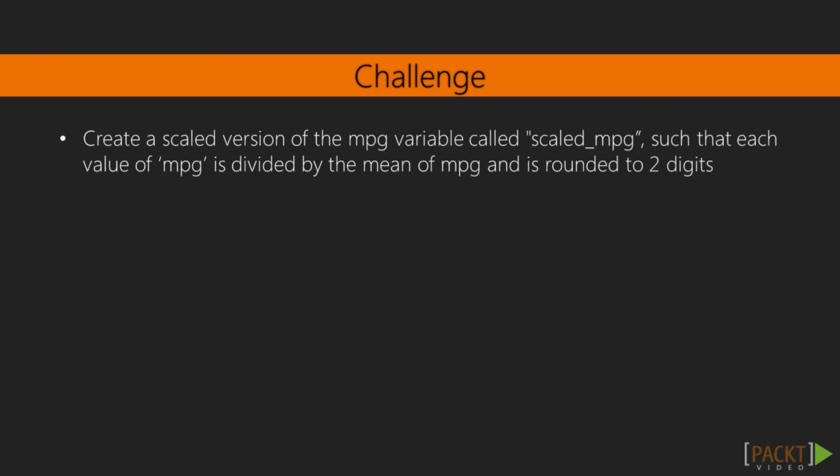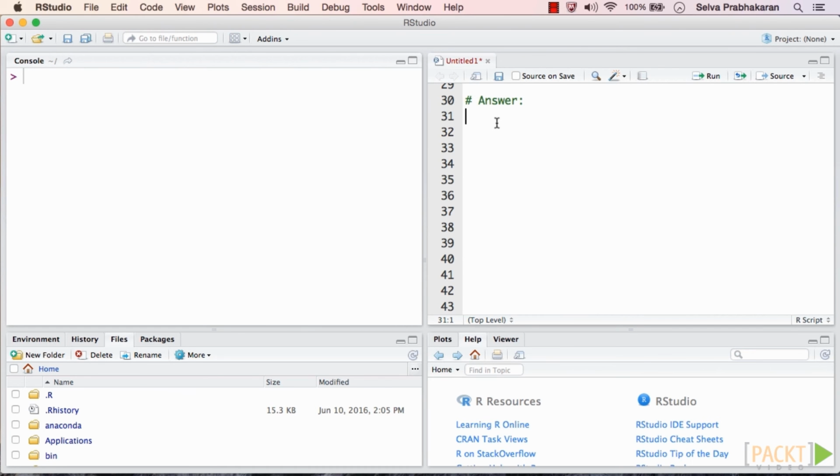The challenge for this video is to create a scaled version of the MPG variable called scaled_MPG. It should be scaled such that each value of MPG is divided by the mean of MPG and is rounded off to 2 digits. Good luck! So, here is the answer.